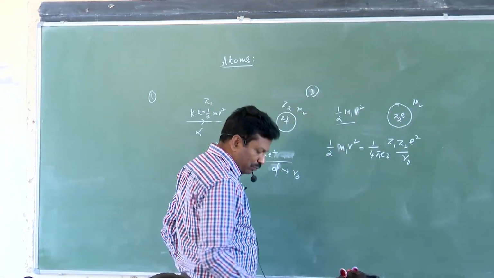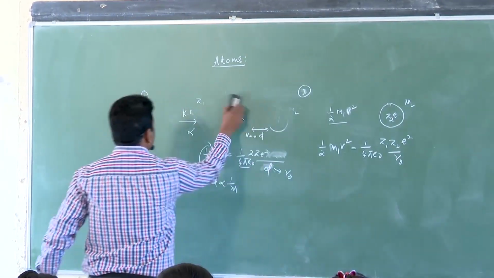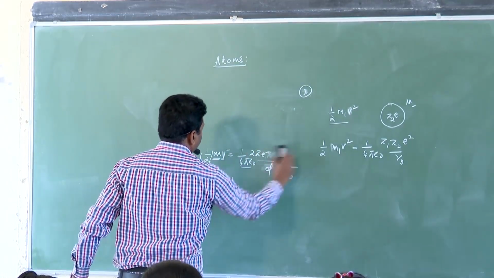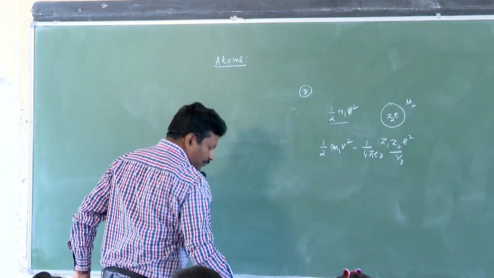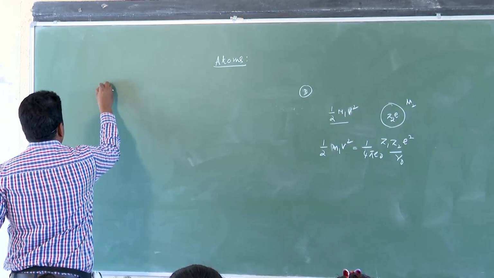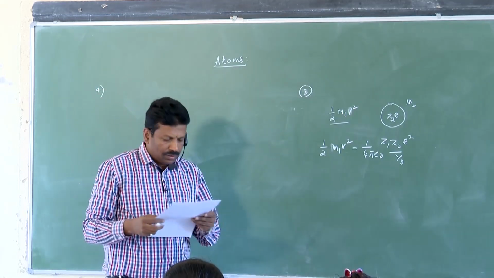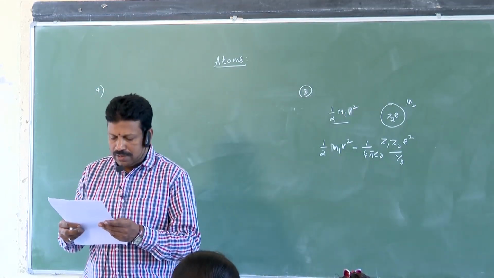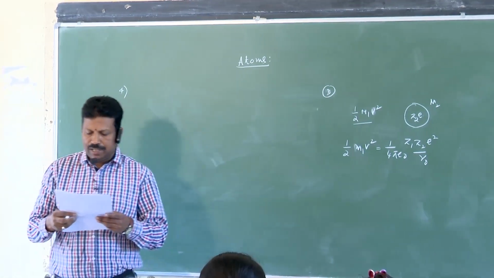Next, question number 4. Fourth question: an electron is moving around the nucleus of a hydrogen atom in a circular orbit of radius r.